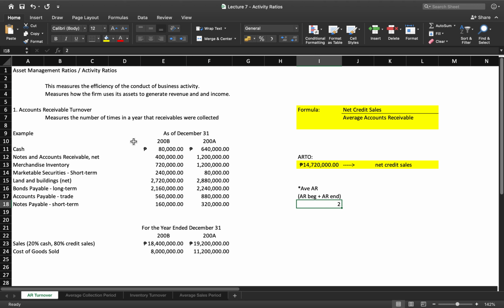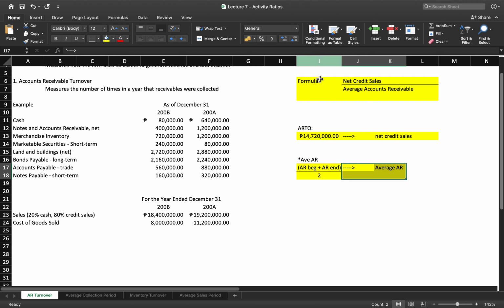So, average AR would be accounts receivable beginning plus accounts receivable ending divided by 2. So, this is our average accounts receivable. Okay. So, we now have the two pieces of information that should form part of our formula.